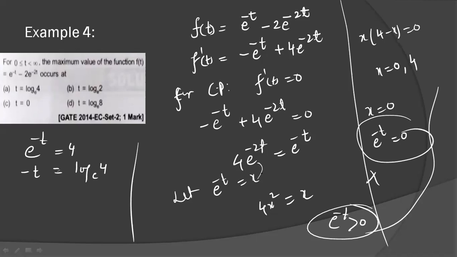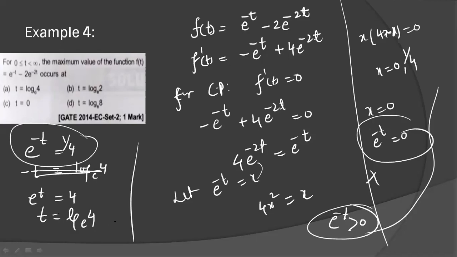If you take common, 4x minus 1, I was wrong here. So x is 1 by 4. So e to the power t will be 4. If you take the reciprocal here, then t will be log 4. 4x minus 1 is the other factor, 4x minus 1 equal to 0. If you factorize it, you are getting t equal to log 4.